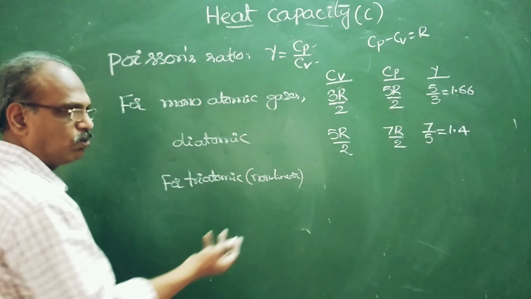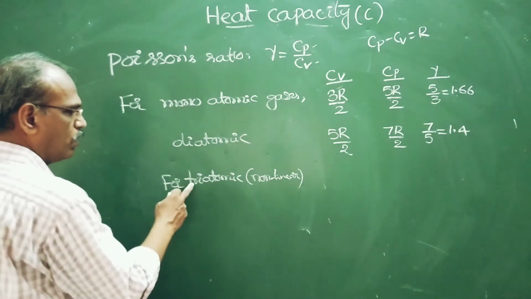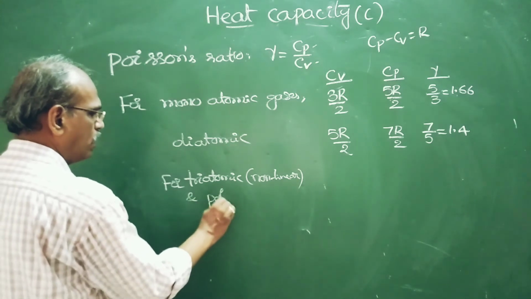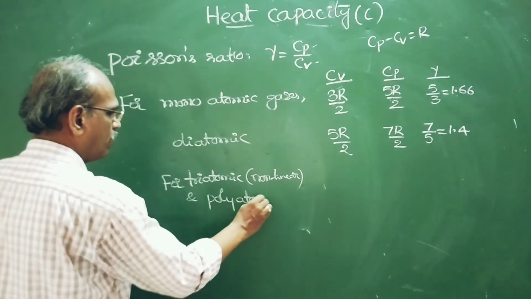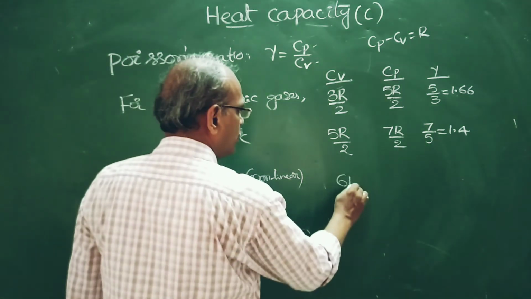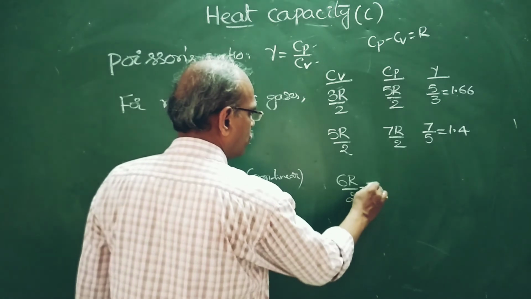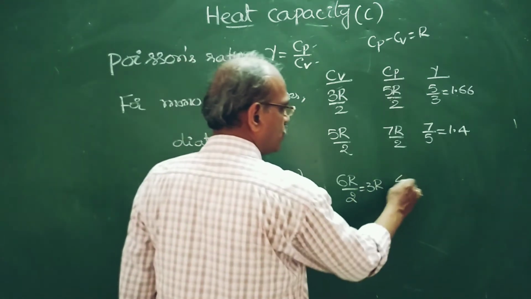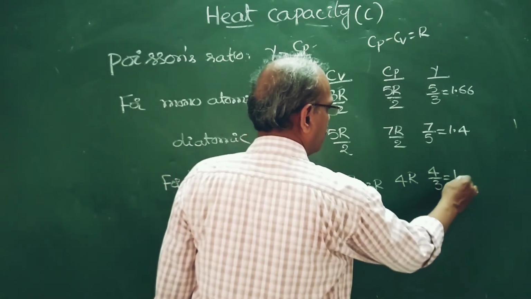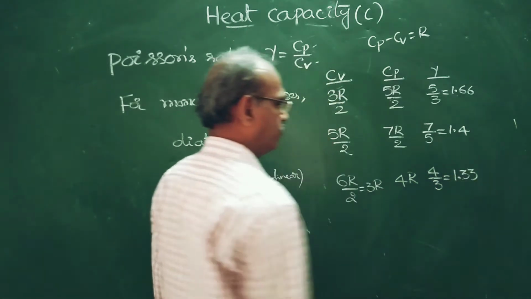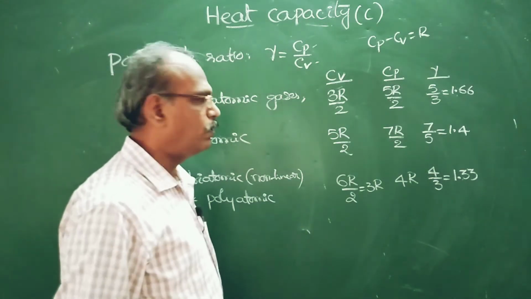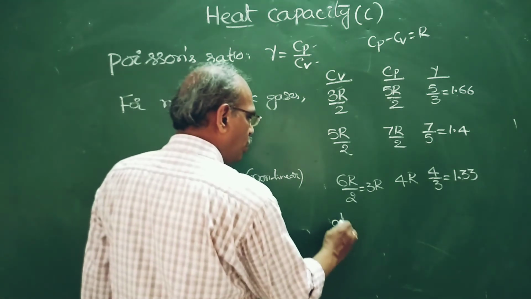That is related to degrees of freedom. Triatomic and polyatomic gases, this is 6R by 2, nothing but 3R. Therefore, this is 4R. And gamma is 4 by 3, 1.33.